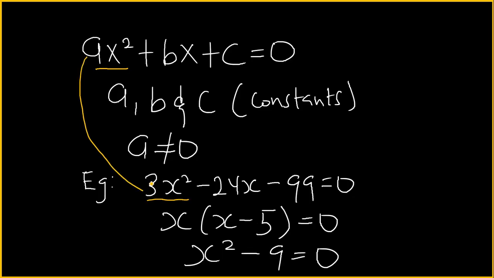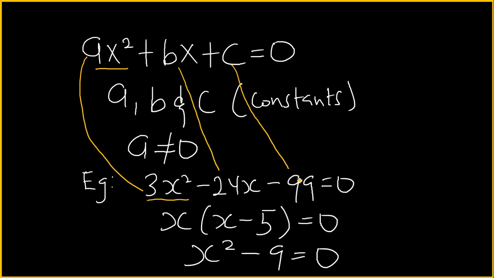We have x squared here. Now let's move on to the second term. The second term, bx, is synonymous to negative 24x. So our b is negative 24. And the constant term c is synonymous to the number negative 99.